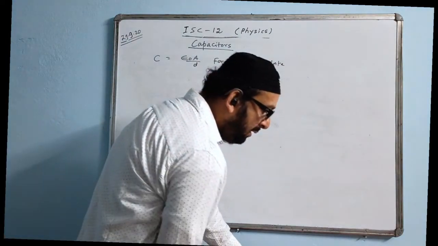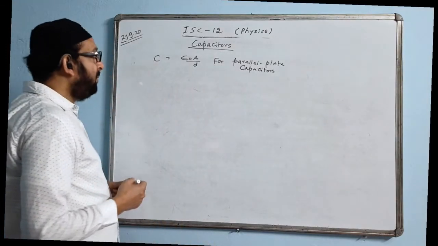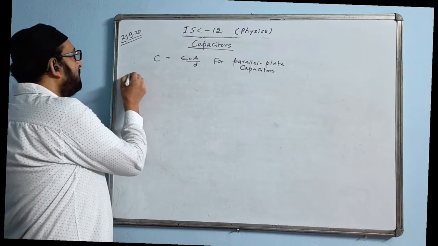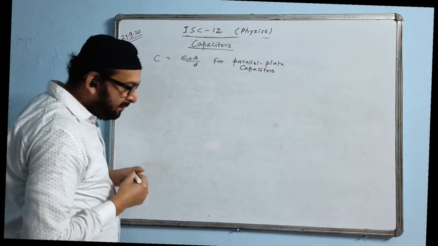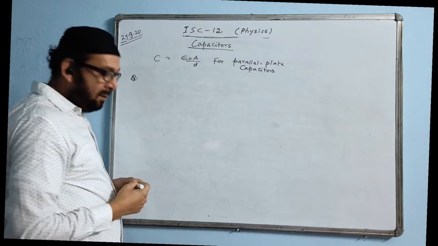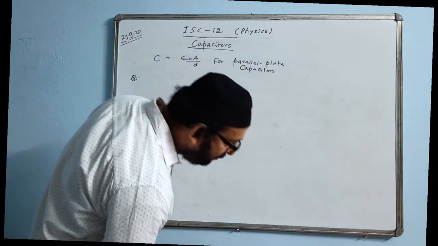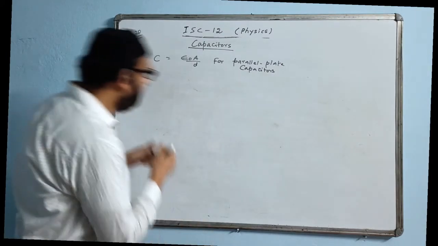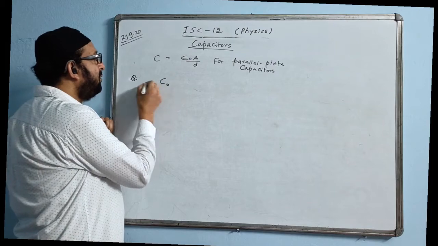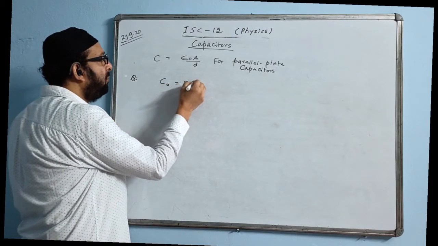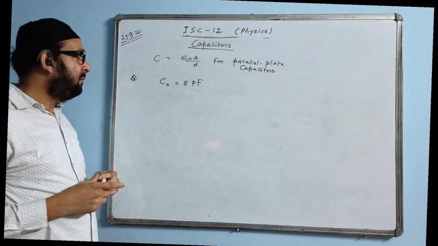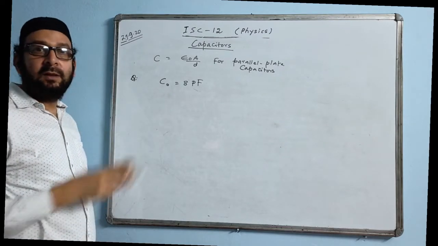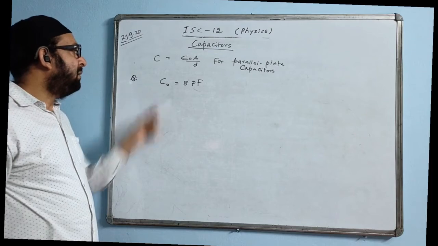So I will explain the question to you. You may not be writing the question. The question says there is a parallel plate air capacitor of capacitance value 8 picofarad. That means C naught is given, 8 picofarad, when it is air or when nothing is present in the space.